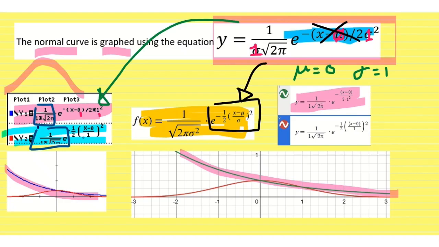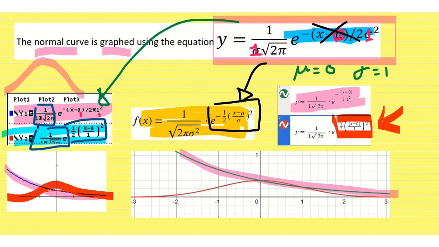But I changed up this exponent part of the E. Okay, when I did that, here's what happened. I got this nice curve, up, over, curve. And the same thing here in Desmos, I also set it up that way. I used this exponential version that looks like this, and it gave me a nice curve.